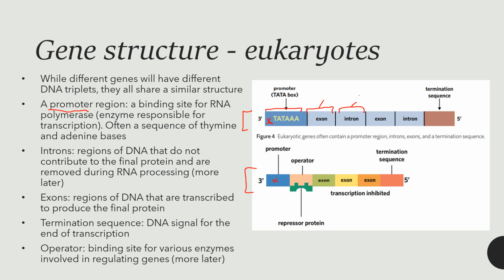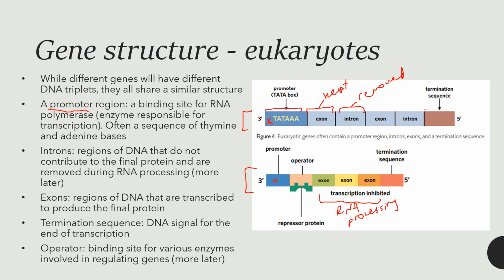They sometimes are used for, I don't know, structural support, all those sorts of things, but they're not needed. So these are removed and these are kept in the final mRNA molecule. And you'll see down here that this is obviously after RNA processing because we only have our exons remaining. So exons are coding regions, introns are non-coding regions for our protein.